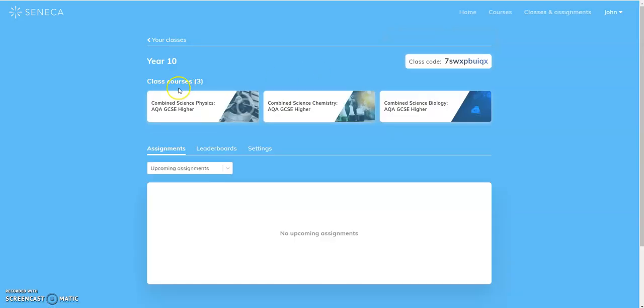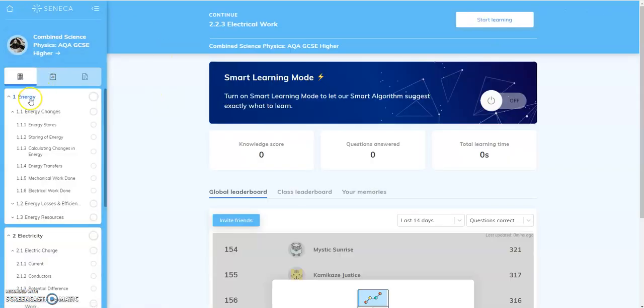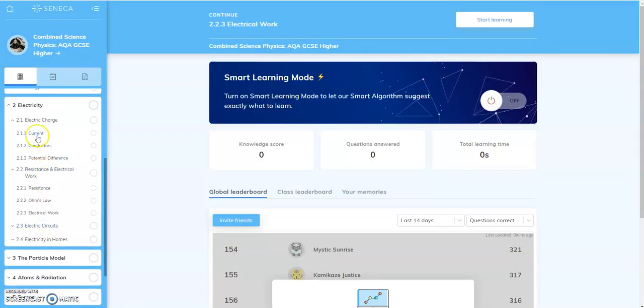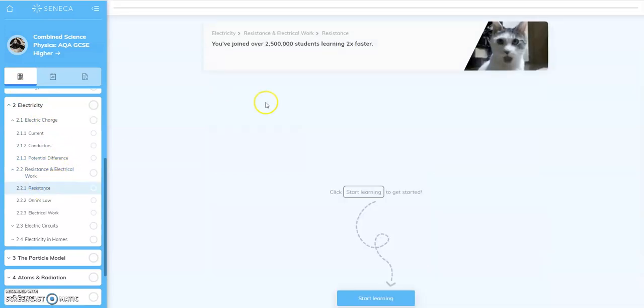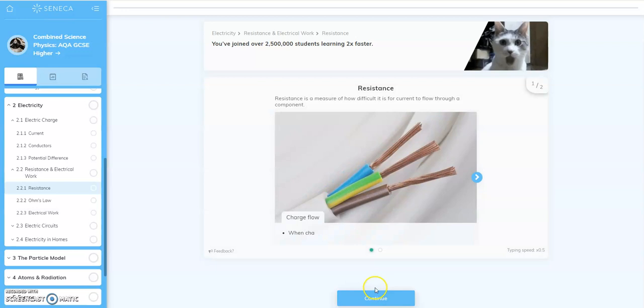We can click on the physics section, chemistry and biology also here. We move through the different topics and we want to look at electricity. This is what our assignment is on, and we can move down to resistance. We can click on resistance here and we can start learning. And we have all this information about how resistance is affected by various different things in circuits.